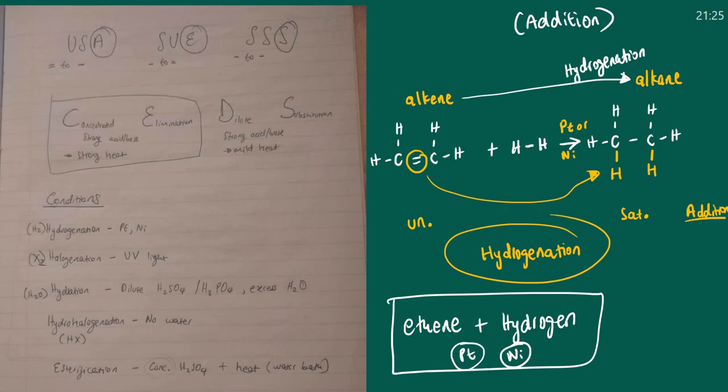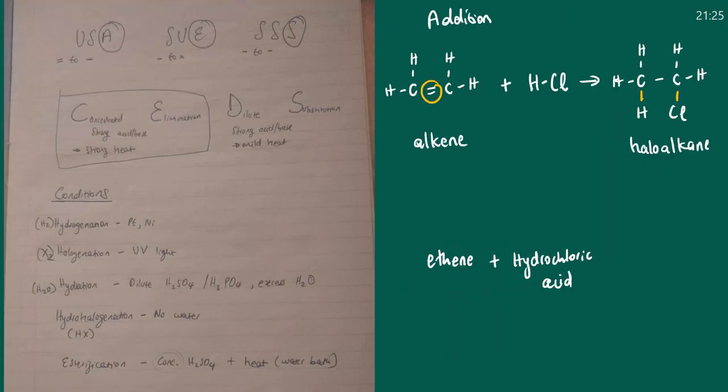You have moved from an unsaturated compound to a what? To a saturated compound. So it is an addition reaction. It has single bonds there. But what did you add? You added a hydrogen and a halogen, right? So what would you call that?